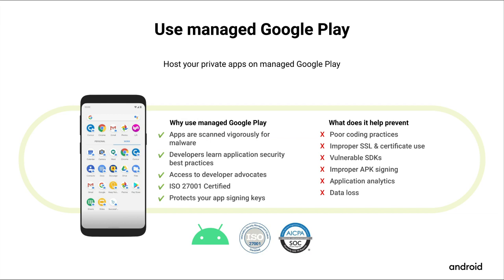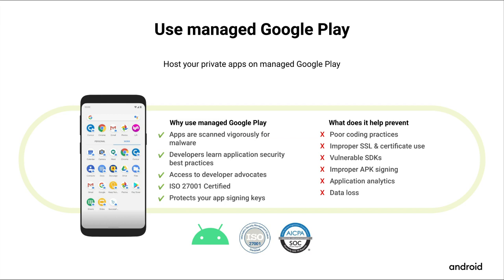The managed Google Play is also ISO 27001 certified. This means that Google has put in place standards that meet this requirement or this certification to ensure that your applications and your data is handled properly.